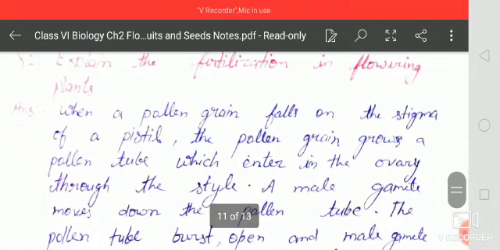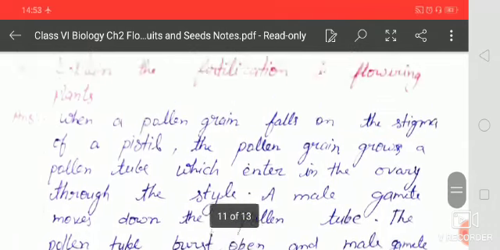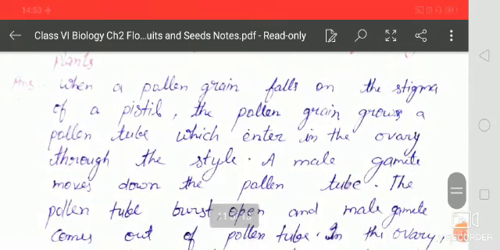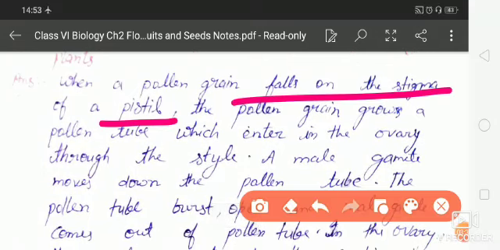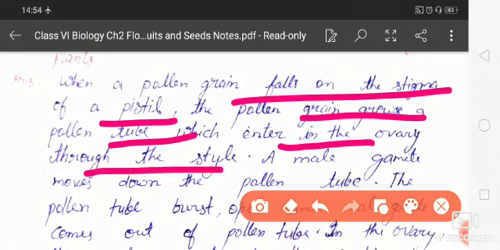Next one is: explain the fertilization of flowers. Here in flowering plants, when a pollen grain falls on the stigma of a pistil, the pollen grain grows a pollen tube which enters into the ovary through the style.